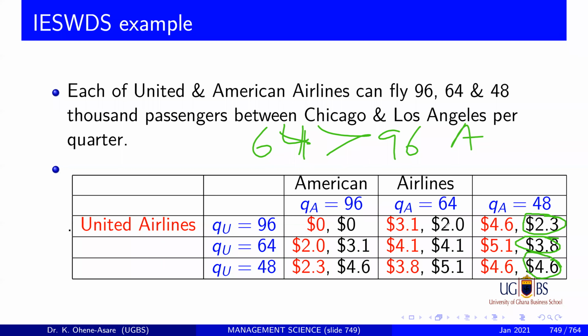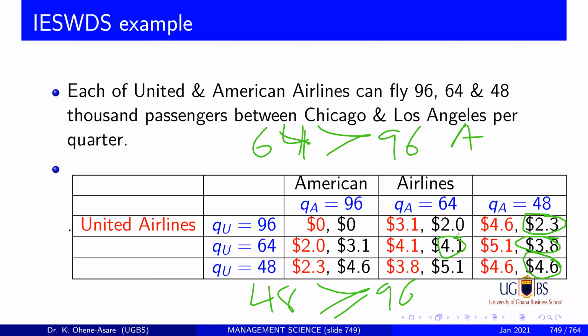So again, you say that 48 weakly dominates 96. And now the last one is 64 and 48. For 64 and 48, you can see that 2.3 is bigger than 2, but then 4.1 is bigger. And so because 4.1 is bigger, there's no domination for that. And that spoils the domination attitude.